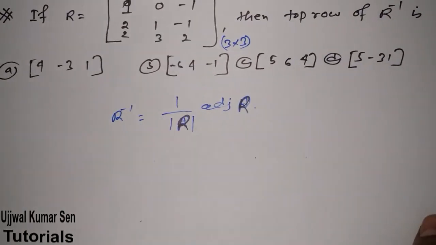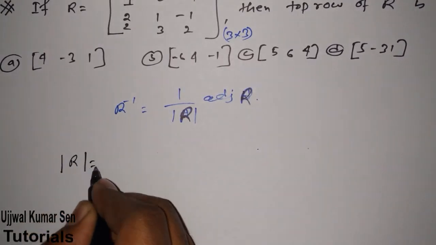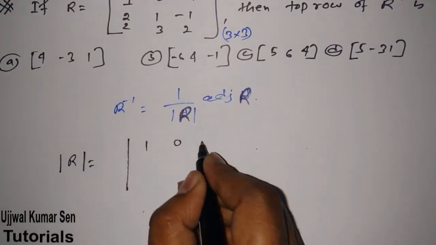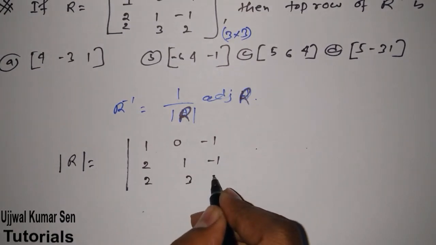So first of all we have to find its determinant. The determinant of this matrix, that is 1 2 2, 0 minus 1 1, minus 1 3 2.